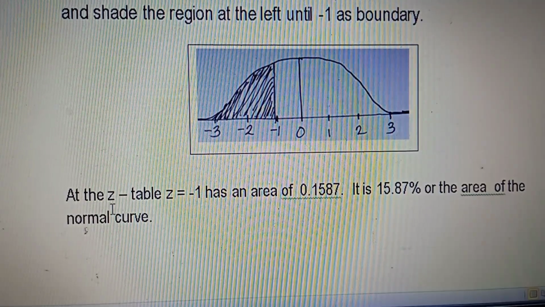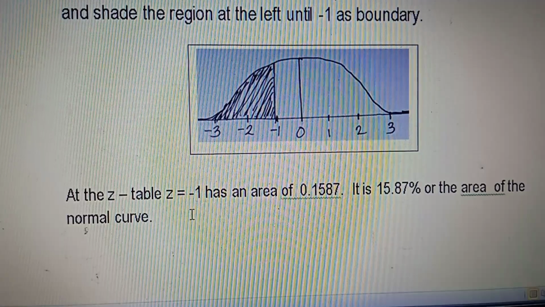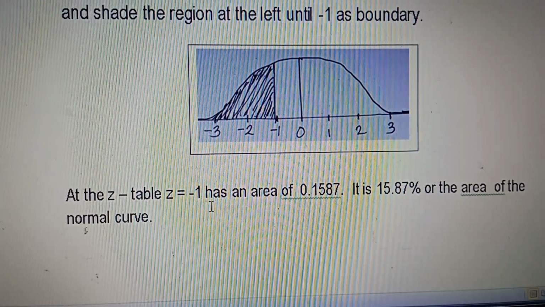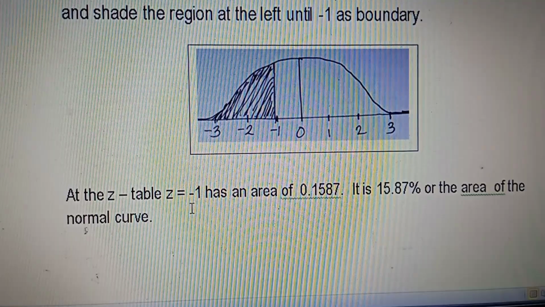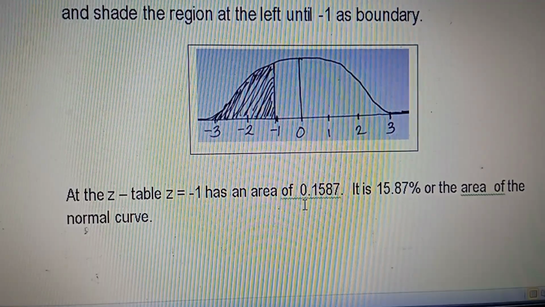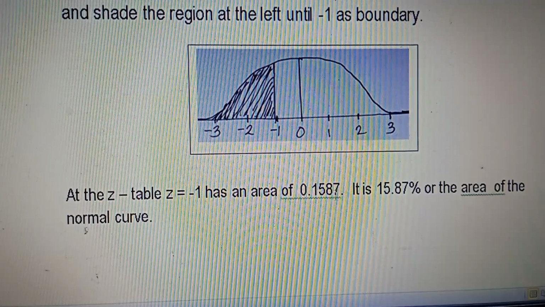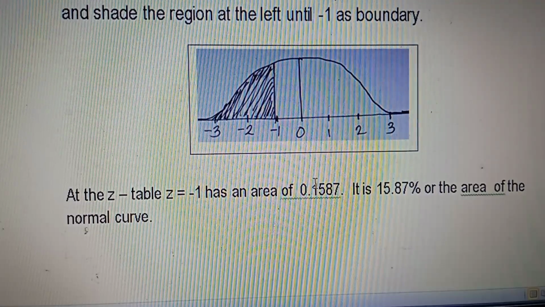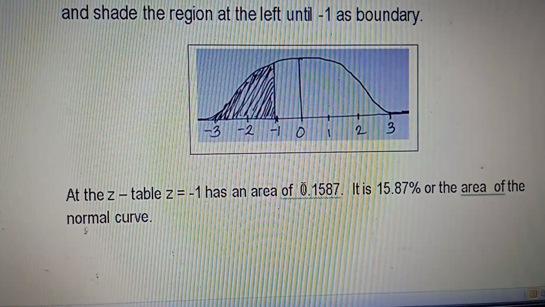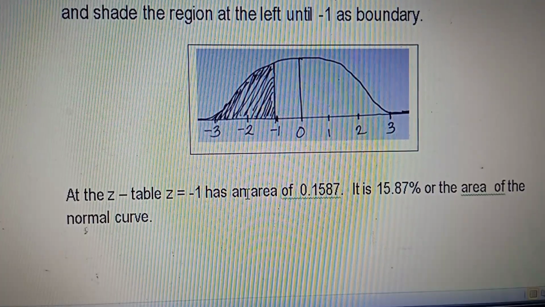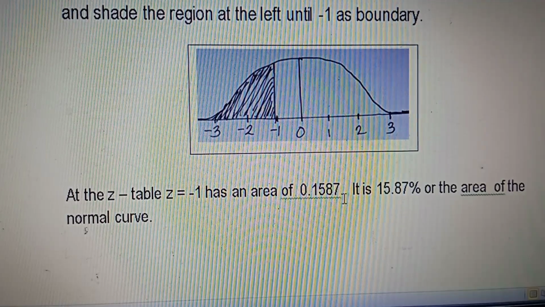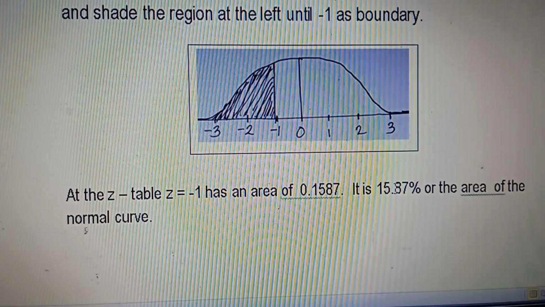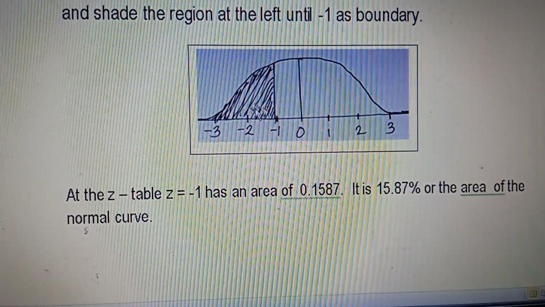At the z table, which you should have, you will find that z equals negative 1 has an area of 0.1587. This value is taken from the z table, which you should have upon discussion of the normal curve, and it means that it is 15.87% of the total area of the normal curve.